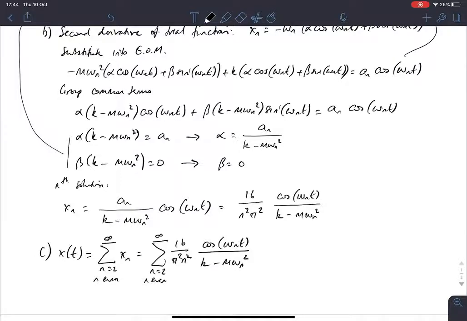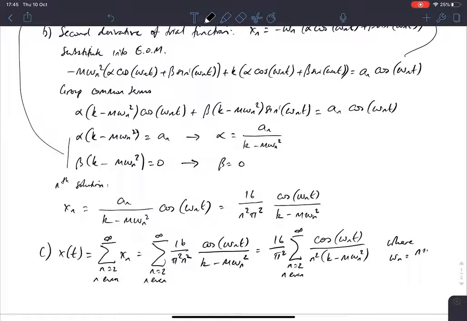And clearly any non-n terms can come outside the sum. So 16 over pi squared, times the sum n equals 2 to infinity, where n is even, of cosine omega n t over n squared times k minus m omega n squared, where omega n equals n pi upon 2.